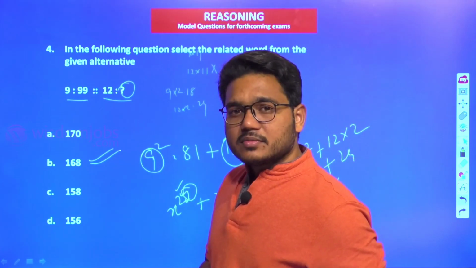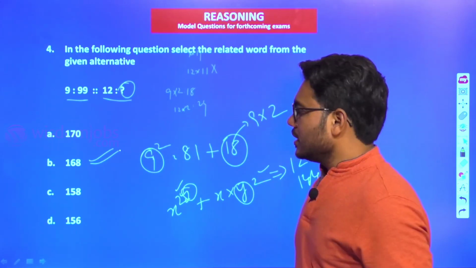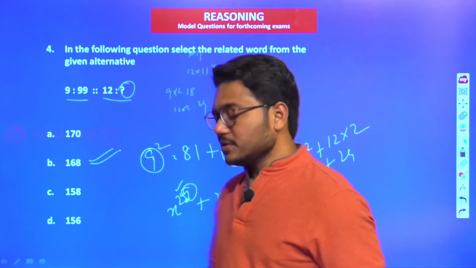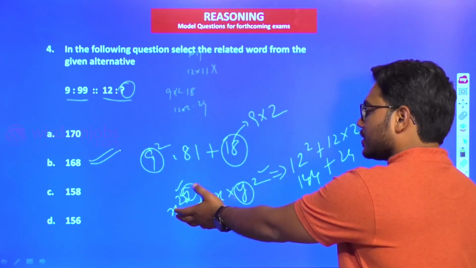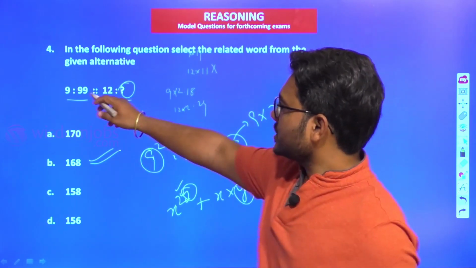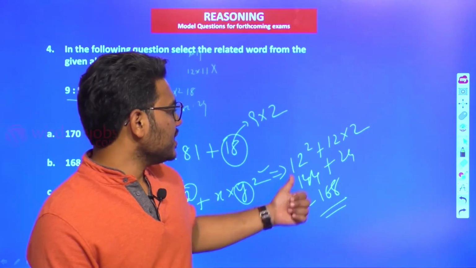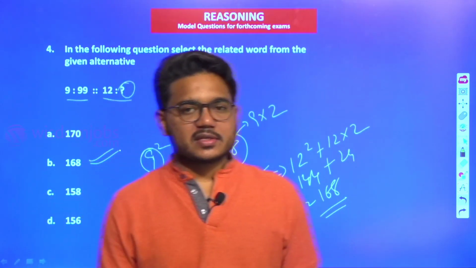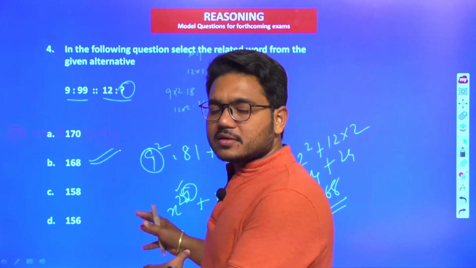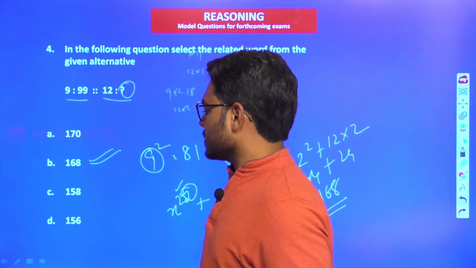We need to apply that particular relation accurately. So, whatever the pattern followed by the first set, we applied the same pattern to the second number, that is 12, and we got 168. Likewise, we need more and more practice to reach that and solve within a short time.